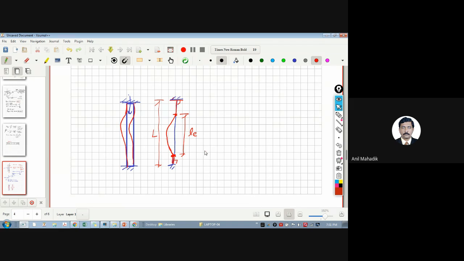L effective is related with some coefficient. It is a reduction in the length, less than capital L, right? So it will have some coefficient into the original length. We can say L effective is some coefficient into L. Getting this?